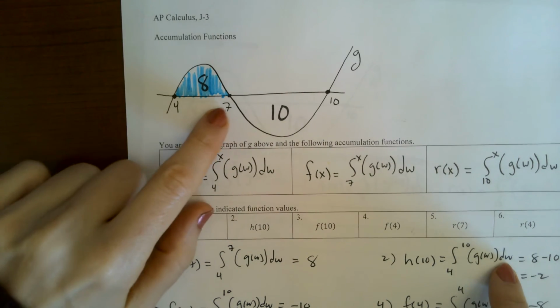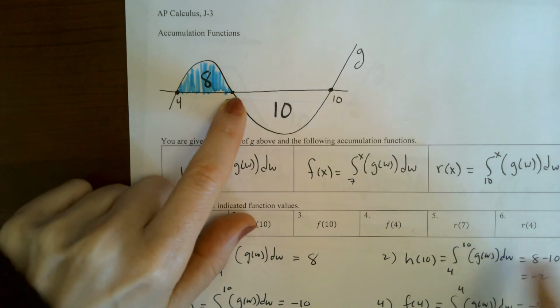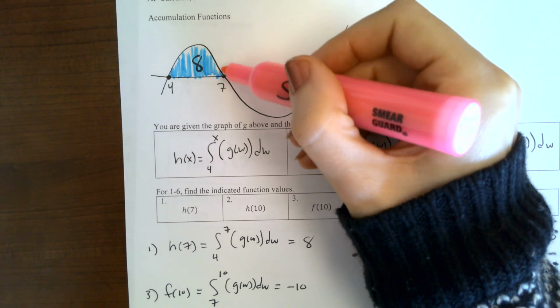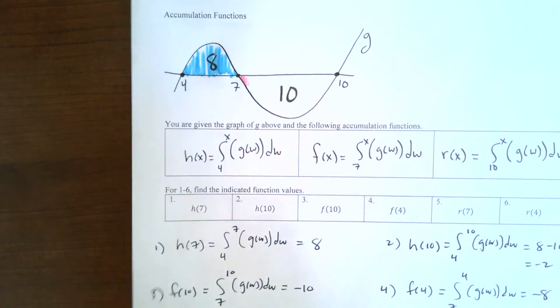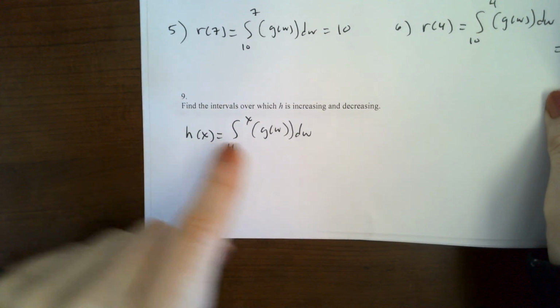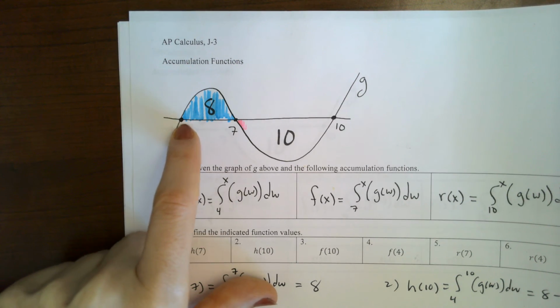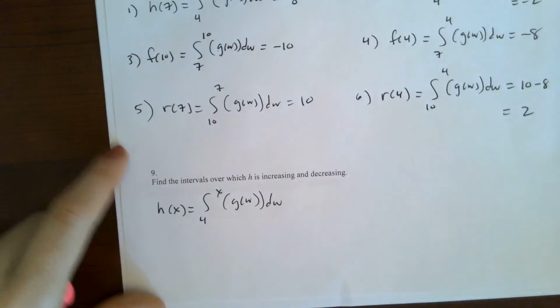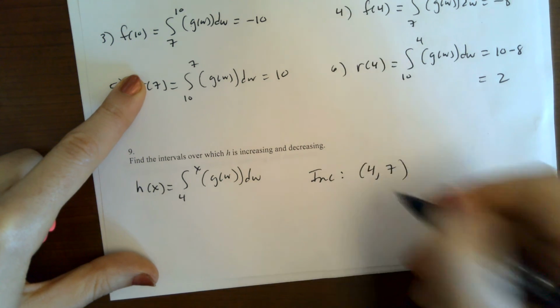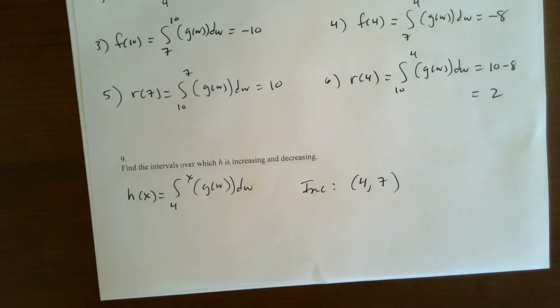And then, guys, at 7, the area that we're accumulating starts to be negative, and becomes more and more negative. So this function h is only increasing from 4 to 7, because that's the interval where you're adding more and more positive area.